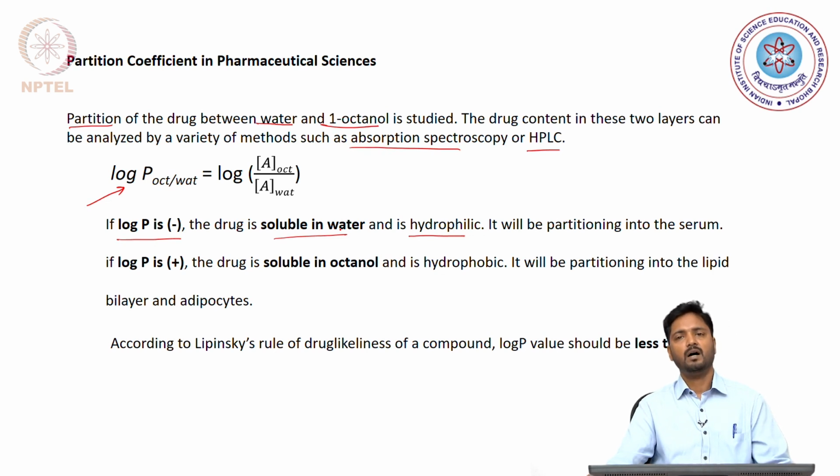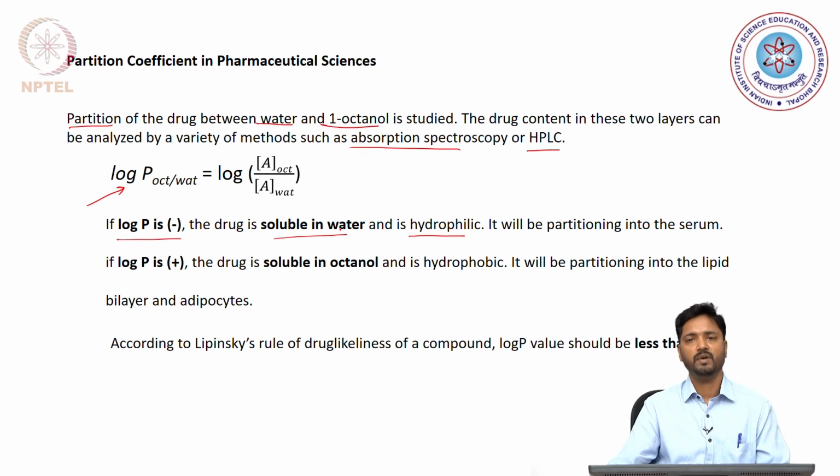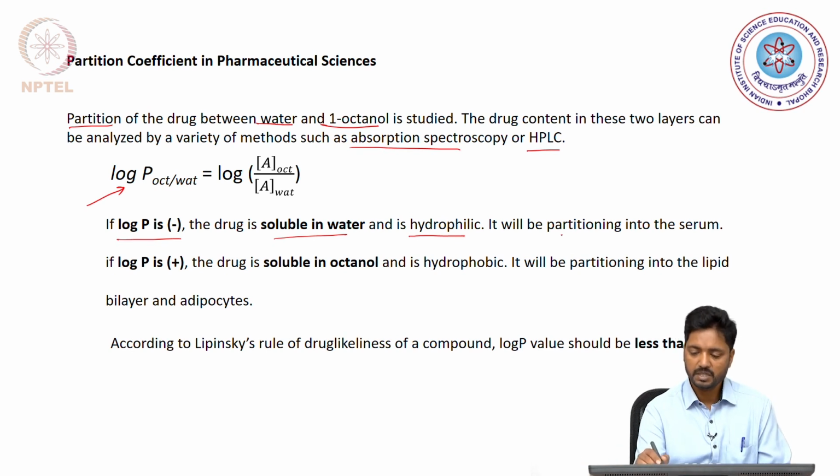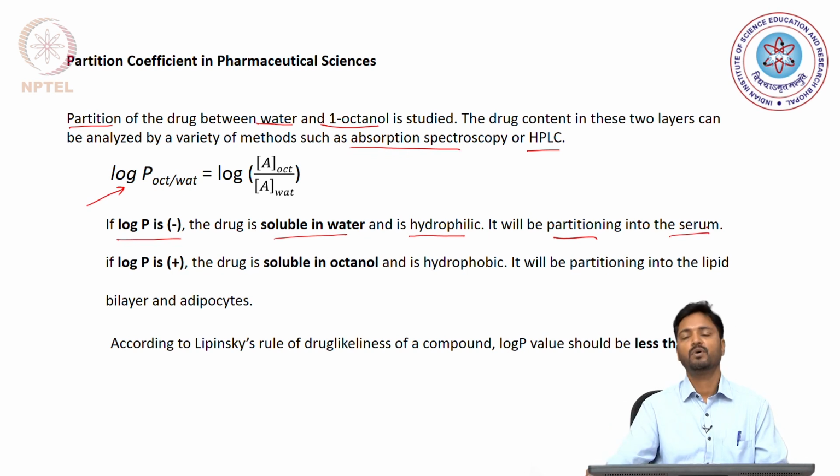And a biological effect of a negative log P value is that the drug molecule now would like to remain in the aqueous environments or aqueous compartments present in our body and cells. So, for example, the drug will be partitioning into the serum more effectively and may have difficulty getting into the hydrophobic compartments of the cell.